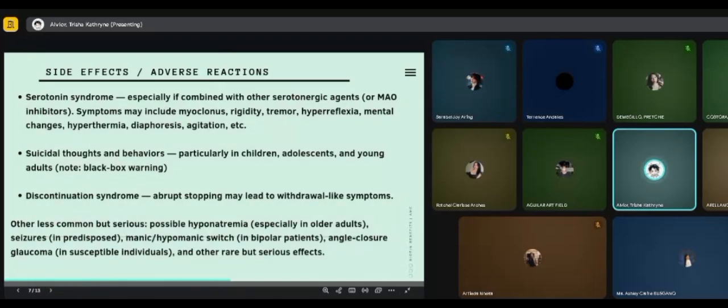More caution when combined with other drugs that affect QT or in patients with risk factors. Other less common but serious side effects are possible hyponatremia, especially in older adults, seizures in predisposed patients, manic or hypomanic switch in bipolar patients, angle closure glaucoma in susceptible individuals, and other rare but serious side effects.